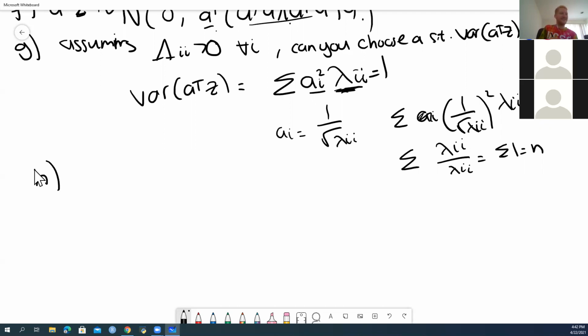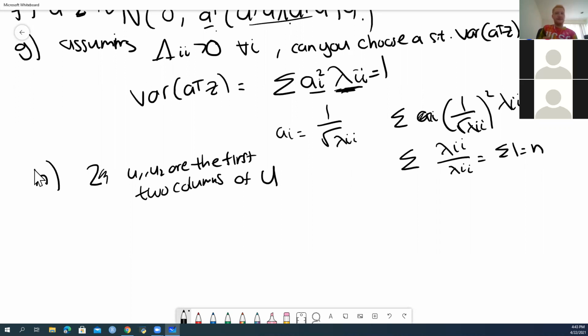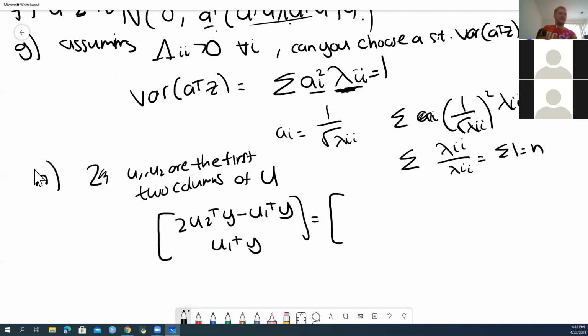They say U1 and U2 are the first 2 columns of U, which isn't really relevant, but they want you to find the distribution of 2U2 transpose Y minus U1 transpose Y. Just write this as a matrix, 2U2 transpose minus U1 transpose, times Y, and then it's the same problem.